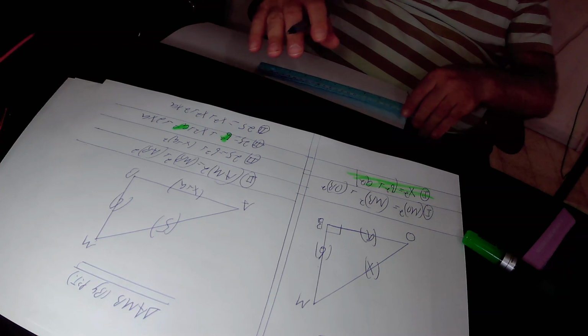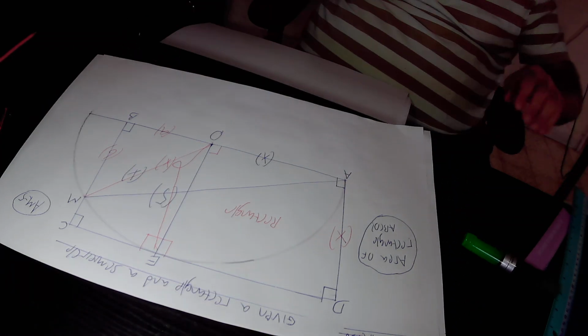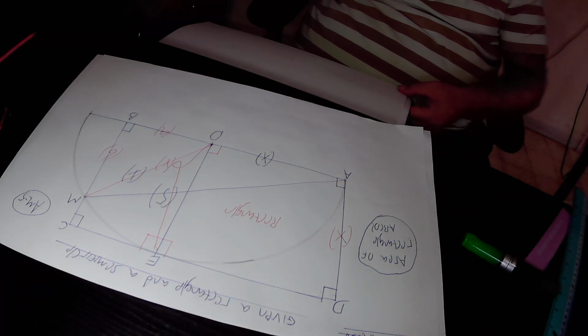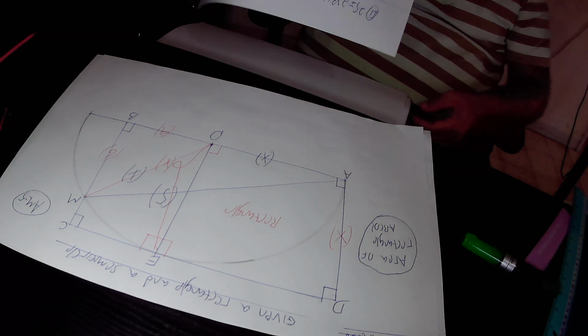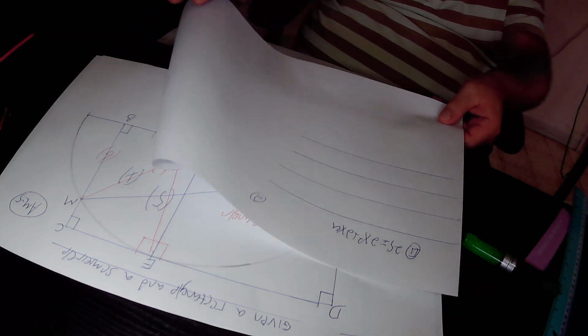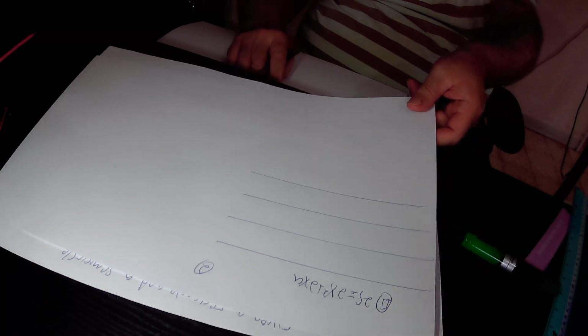Repeat again, according to equation 2, we shall find out that 25 equals 2x squared plus 2xA.